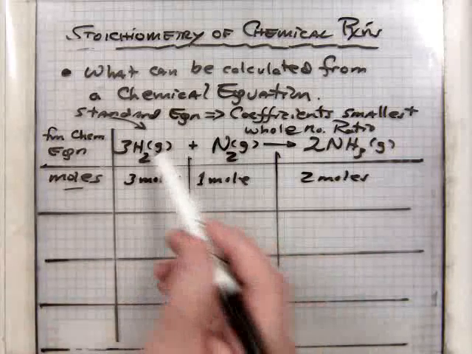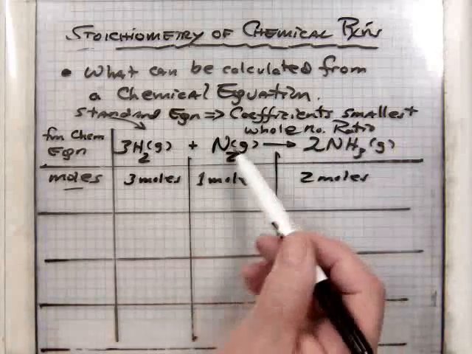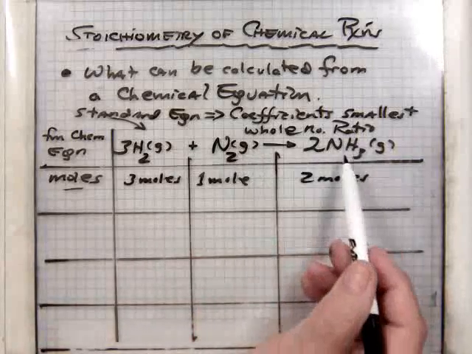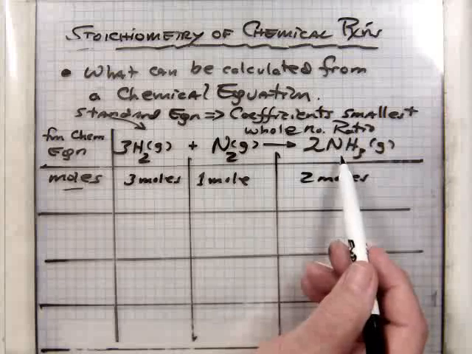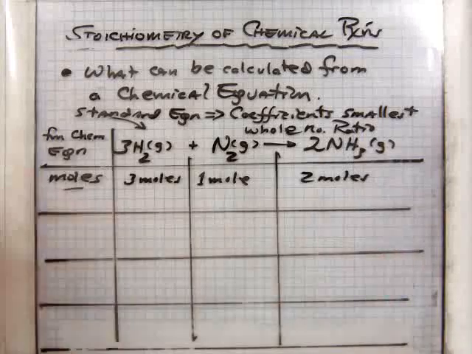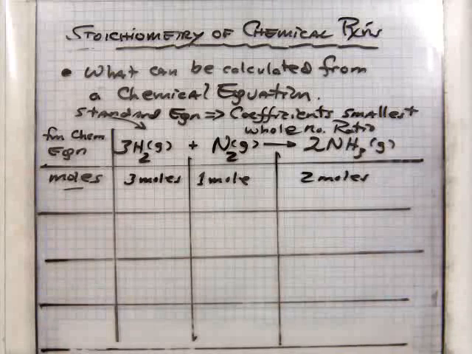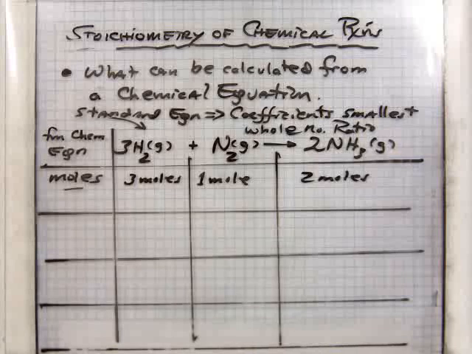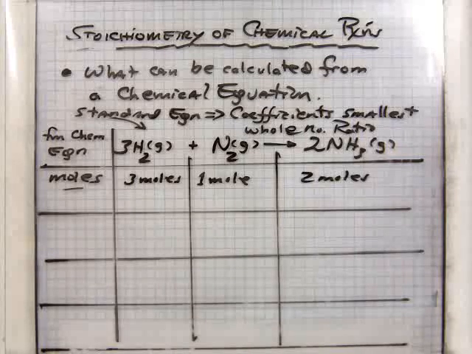And 3 moles of hydrogen, no matter how much nitrogen you have, will produce only 2 moles of the ammonia. And those are called reaction ratios. Reading the equation is one way to look at it. So in reading the equation, you want to certainly be aware of reaction ratios. And we'll use that extensively here in a few minutes to illustrate some stoichiometry. Well, that's the first thing you can calculate from a chemical equation, and we'll work some problems on that.